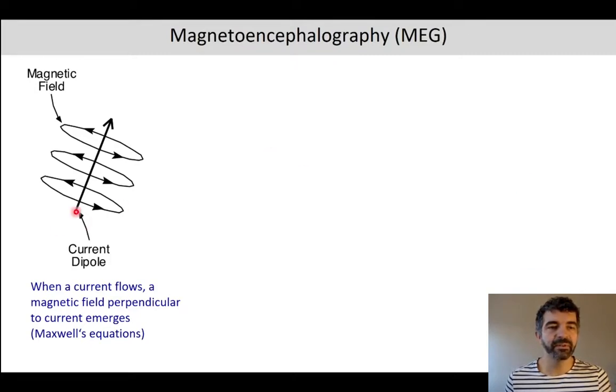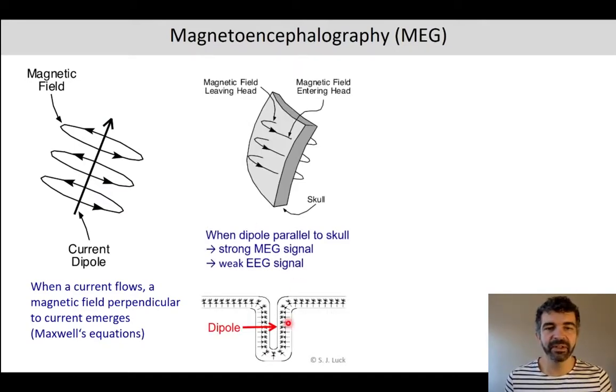Imagine you have a current running this way, and then you have the magnetic field perpendicular to that. And then imagine you have a dipole which is parallel to the skull, like here, then you would get a strong MEG signal because the magnetic field varies quite a bit, but a weak EEG signal because the current is running along the skull and cannot be measured.